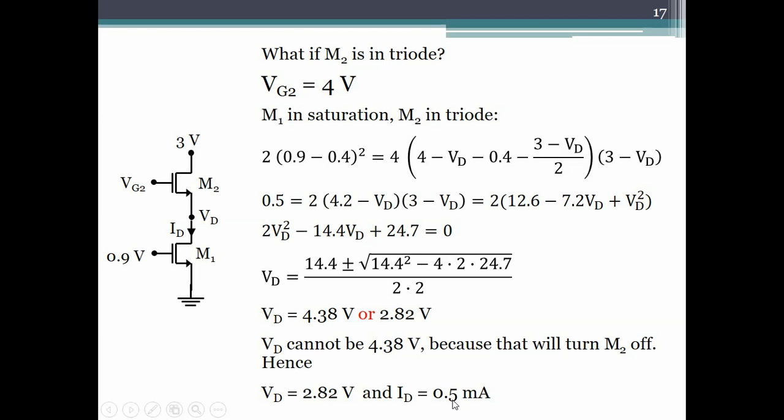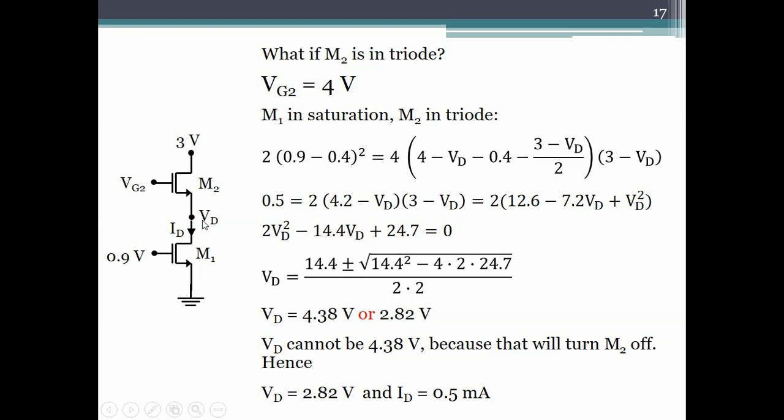This is interesting because M1 is in saturation, so the current in this circuit is not changed. It is still 0.5 milliamps. M2 is in triode, but it is carrying 0.5 milliamps, so it's going to have a much larger gate source voltage. Let's see the gate source voltage. This is 4, this is 2.8.